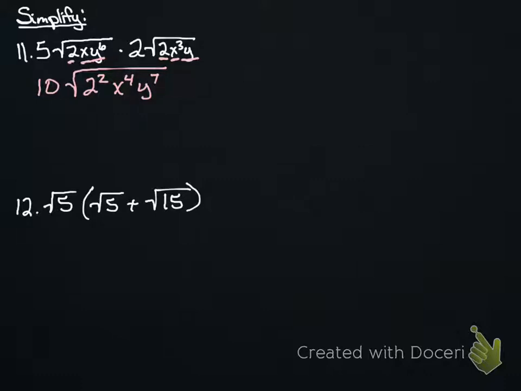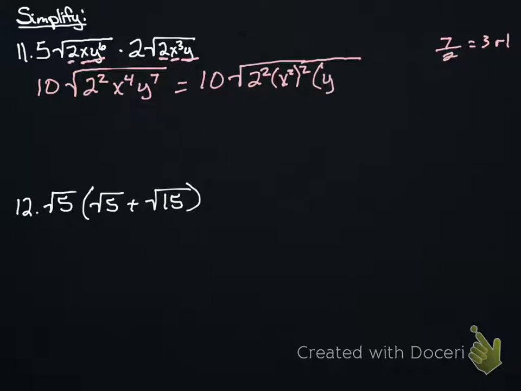So I'll break down a little bit further. 10 times the square root of 2 squared, x to the 4th is x squared squared. y to the 7th, when I take 7 and divide it by 2, that gives me 3 with 1 left over. So I'm going to do y cubed squared, that gives me y to the 6th, times y.